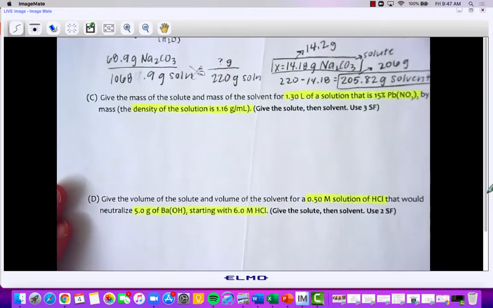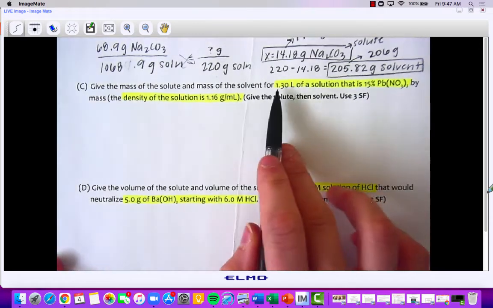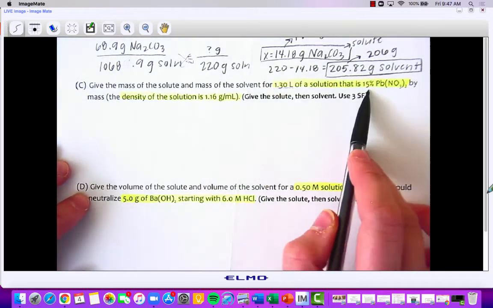Okay, so now we're going to take a look at part C. So part C says give the mass of the solute and mass of the solvent for 1.3 liters of a solution that is 15% lead 2 nitrate by mass, and they give us the density of the solution. So we have the total volume of the solution, and we have percent by mass.